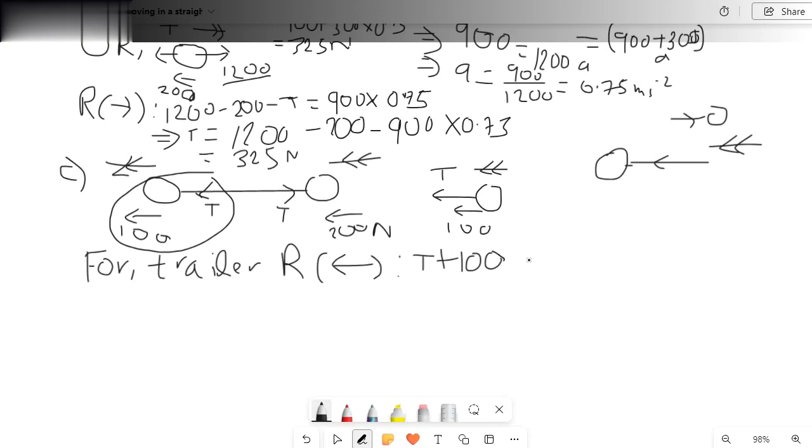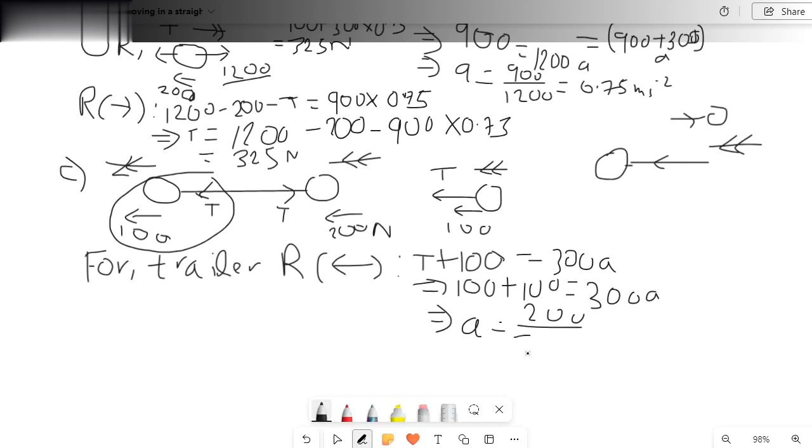So T plus 100 is equal to the mass, which is 300, multiplied with the acceleration, which is a. Now we know that the thrust is 100 newtons given in the question. So we have 100 plus 100 is equal to 300 multiplied with a. And so a is equal to 200 divided by 300, which is 2/3 meters per second squared.